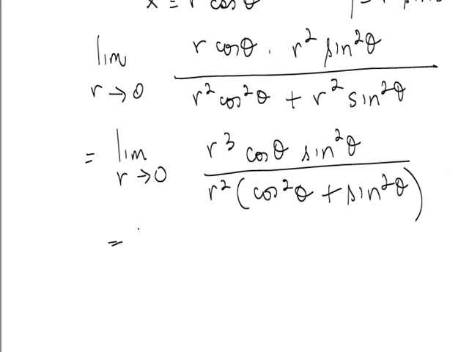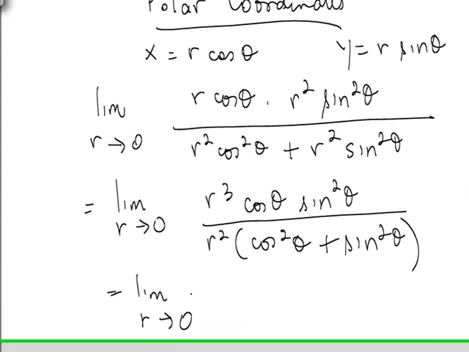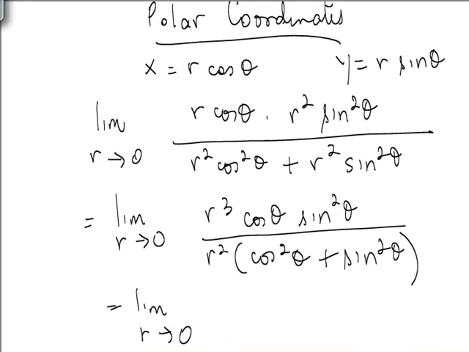We can cancel some r's here. And what do you notice at the bottom? That's 1. So when we cancel out the r's, we're just left with r cosine theta sine squared theta.